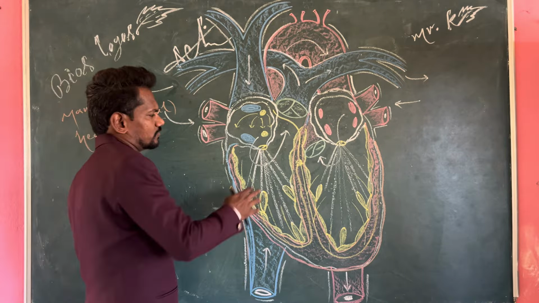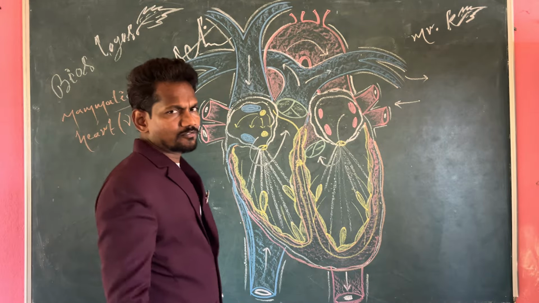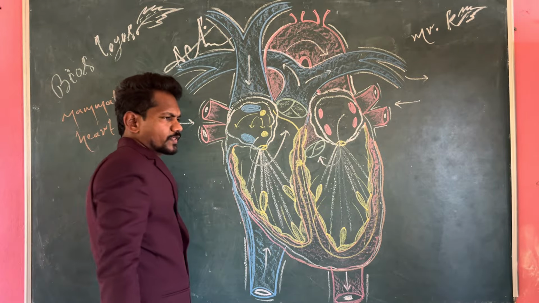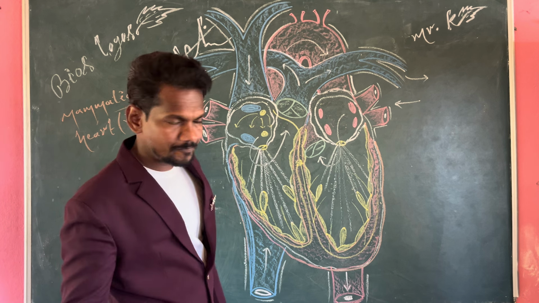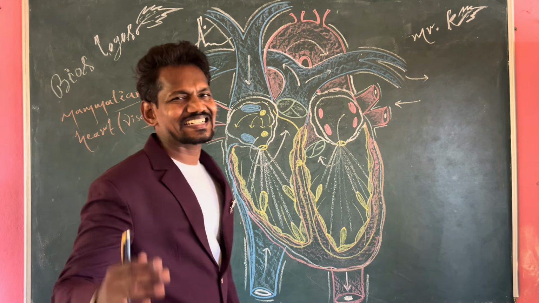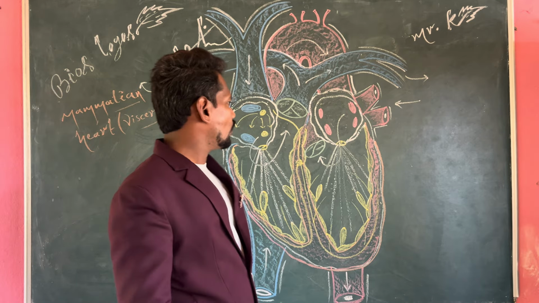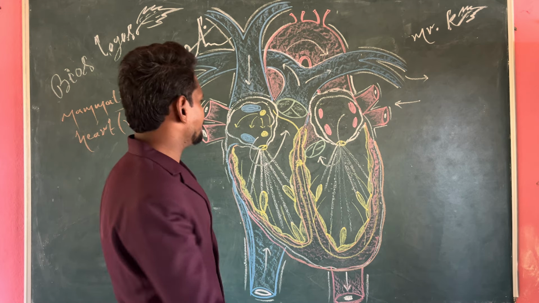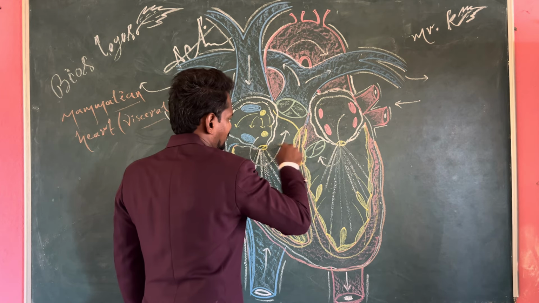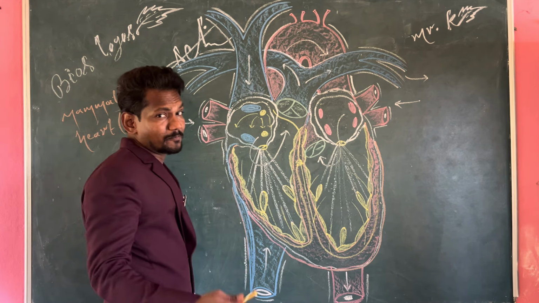If we observe, our human heart is made of four special chambers. The two upper chambers are called auricles or atria, followed by the lower chambers called ventricles. These auricles and ventricles together are separated with the help of a transverse septum.